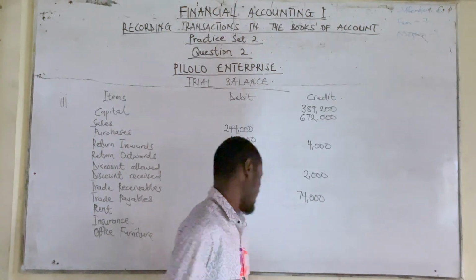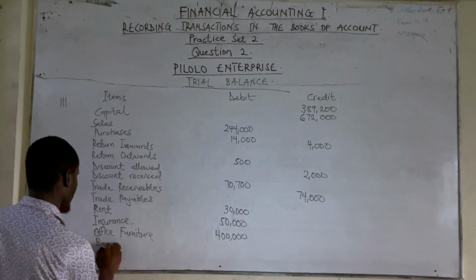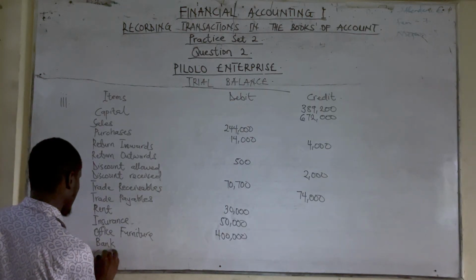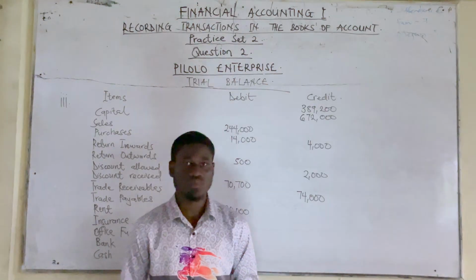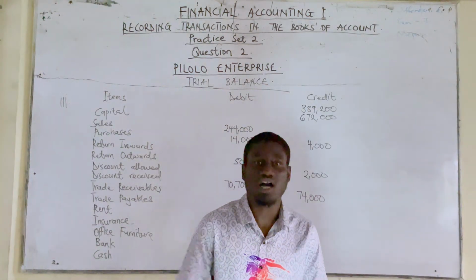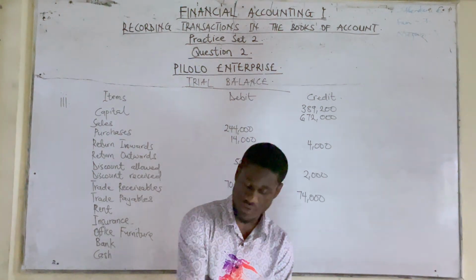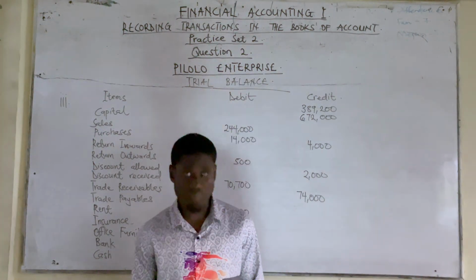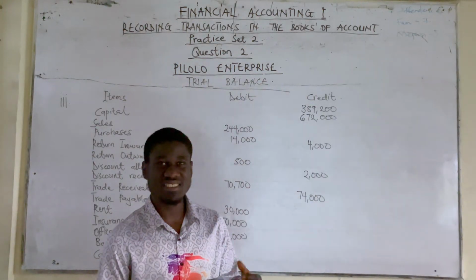Then we have bank and cash. Good. You could see that after drawing up our cash book, we had a balance CD, which was brought forward as balance BD. So we had a balance BD at the debit side.